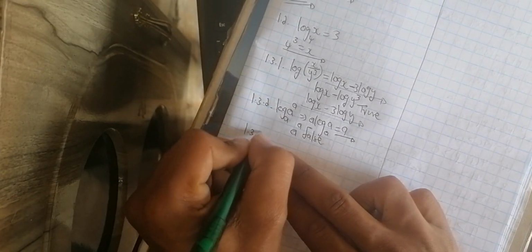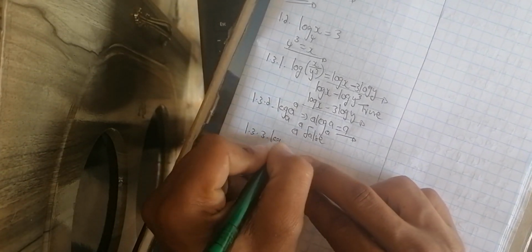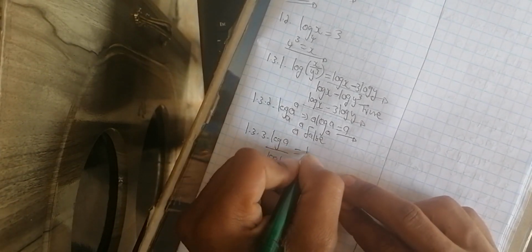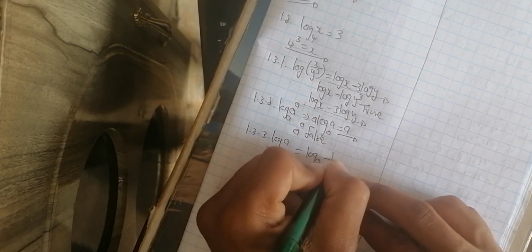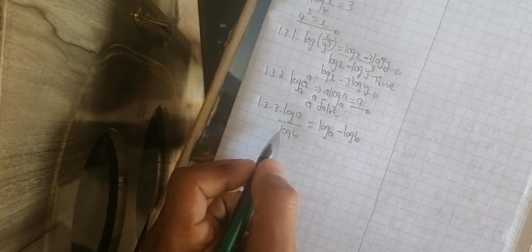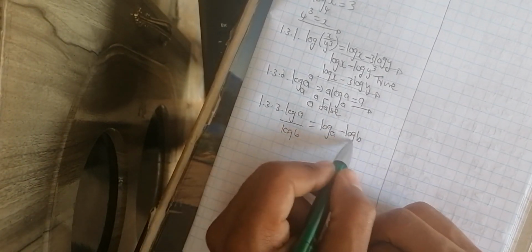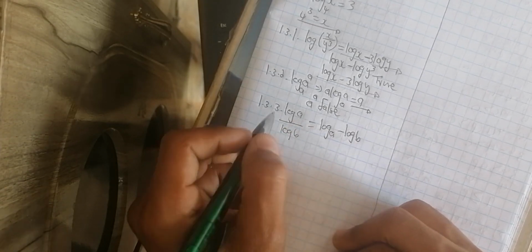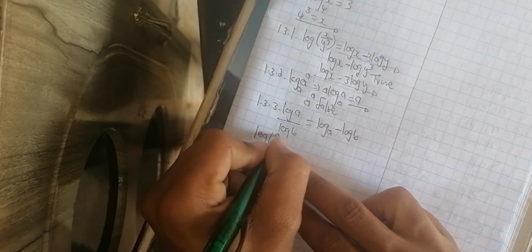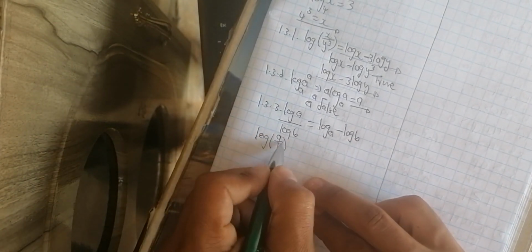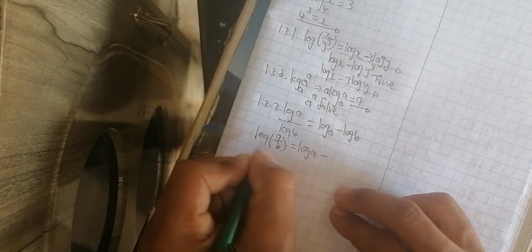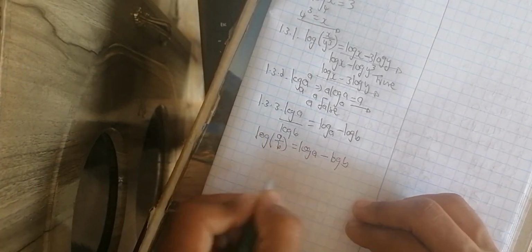Right, 1.3.3, they say log a over log b, they are saying this is equal to log a minus log b. Now let us try to check something here. This can be very much misleading. Why? Because the definition says the log of a over b, only this would be equal to log a minus log b.